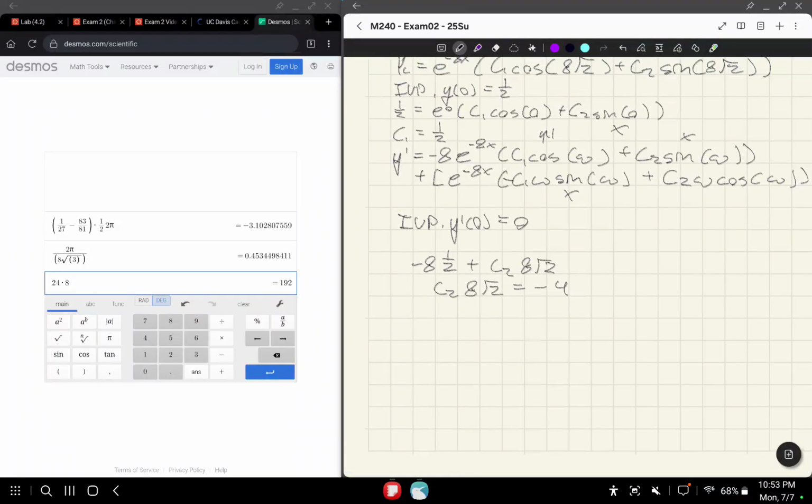Now we isolate by dividing both sides, so C2 equals 4 over 8 square root 2, which is 1/2 over square root 2. This will be C2.